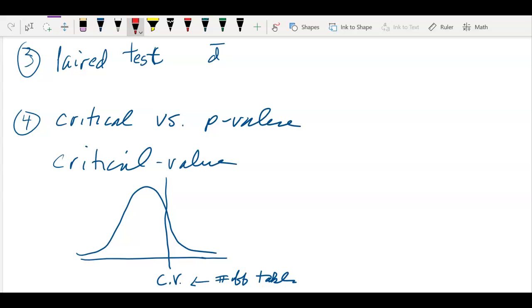Then you take your test statistic that you already calculated. You already calculated your test statistic somewhere in the problem, in the part before I asked for the critical or p-value approach. Now, if that test statistic falls over here for a right-tailed test, that's your reject.